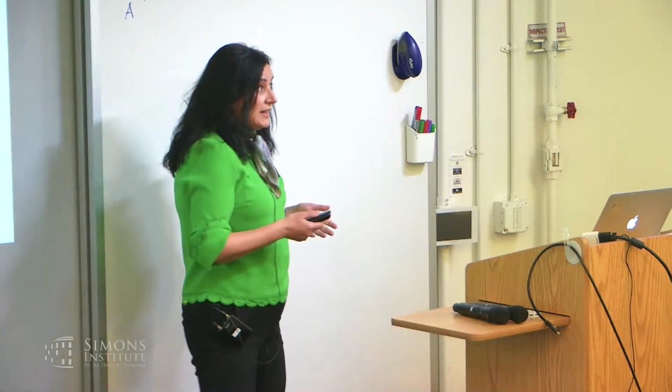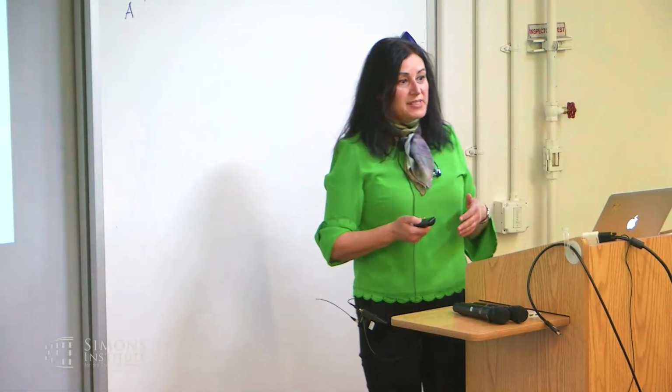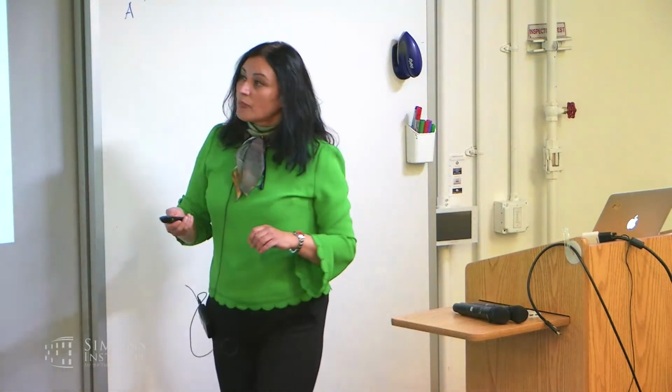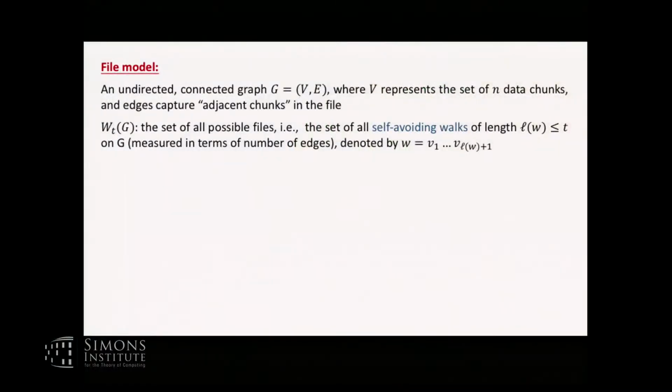Obviously, how would you do that unless you have some good models that you can potentially analyze and get some interesting results for? So how am I going to model the creation of files? We thought a lot about it, and we thought that the approach proposed by Neeson wasn't the one that we would like to use for fragmentation purposes. So we thought it would make sense to model the way the files are created using a graph.